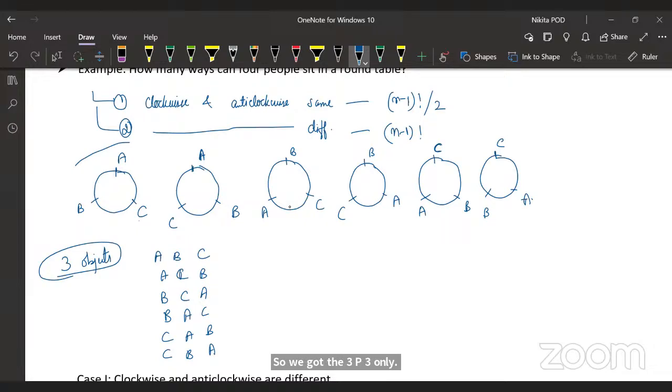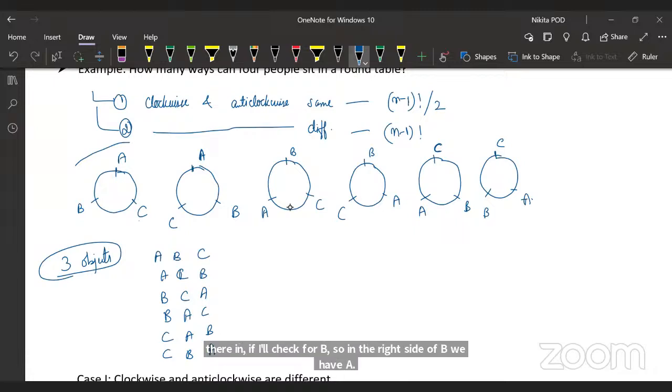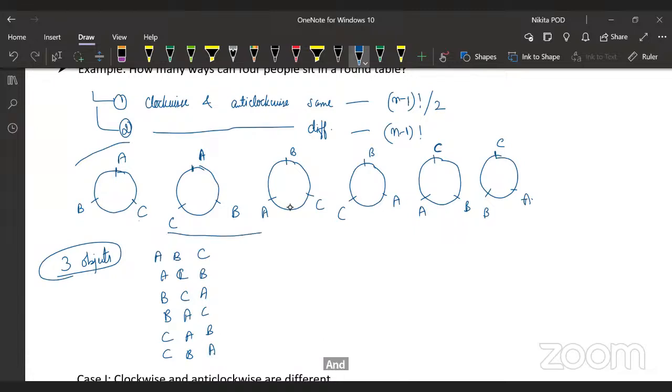Ma'am, like here we can see in the second and third one, if I check for B, on the right side of B we have A and on the left side we have C. Similarly, in the third option also, on the right side we have A and on the left side we have C. So we have to check on this criteria, not who is sitting where.